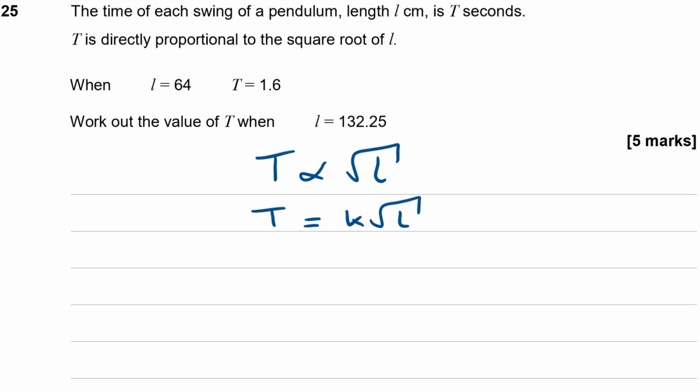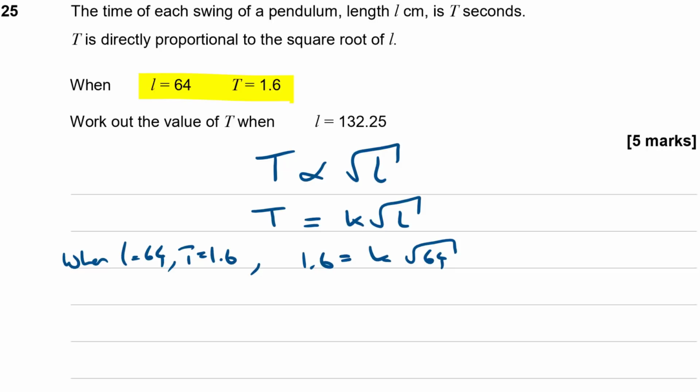We're told a pair of values that link L and T together, which we can use now to evaluate k. So when L is 64, T is 1.6, which means that 1.6 equals k lots of root 64.